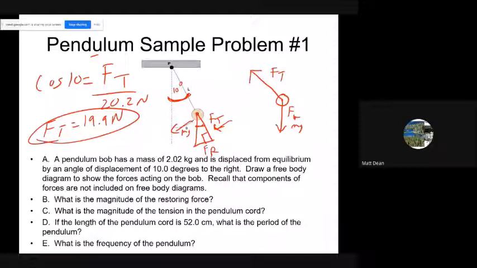Next, if the length of the pendulum cord is 52 centimeters, what's the period? Think back to that period equation we had on the screen a minute ago. The things that determine the period of a pendulum are length and acceleration due to gravity: 2 pi times the square root of L over g.